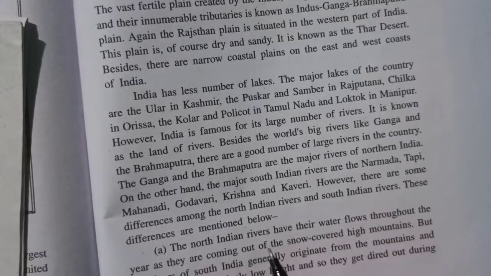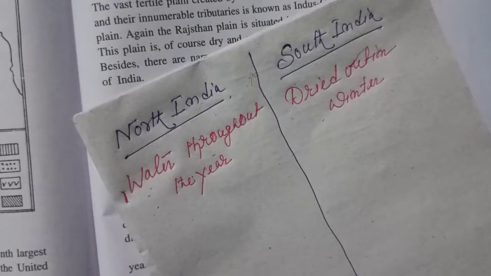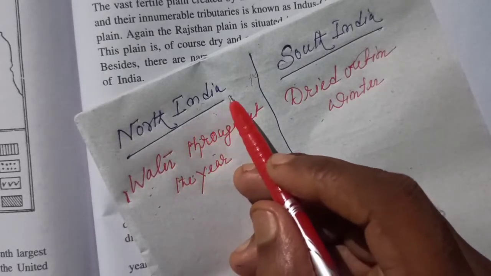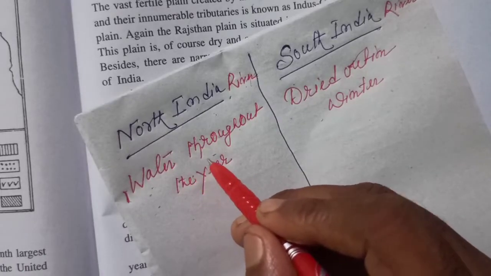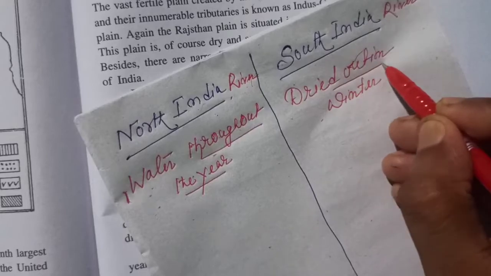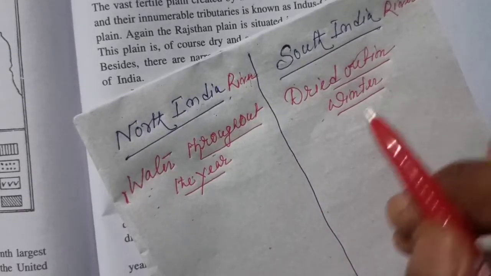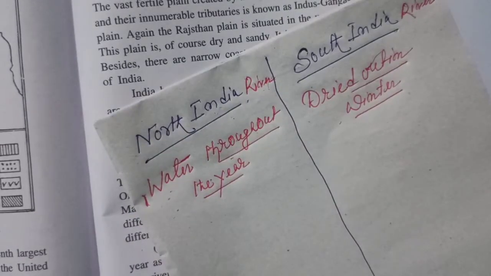These are the important rivers of South India. Now I will explain the basic difference between North Indian and South Indian rivers. You will find water in North Indian rivers throughout the year, and you will not find water in South Indian rivers throughout the year. Why? Because North Indian rivers are at high altitude.